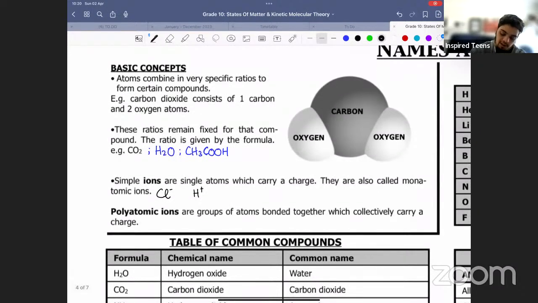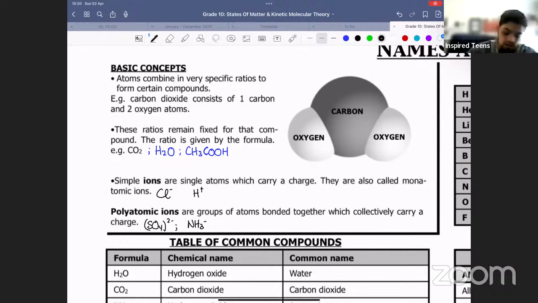Polyatomic ions are groups of atoms bonded together which collectively carry a charge. For example, SO4 2 minus. Other examples, NH3, 1 minus. So this entire compound is carrying this charge. We are no longer talking about individual ions.